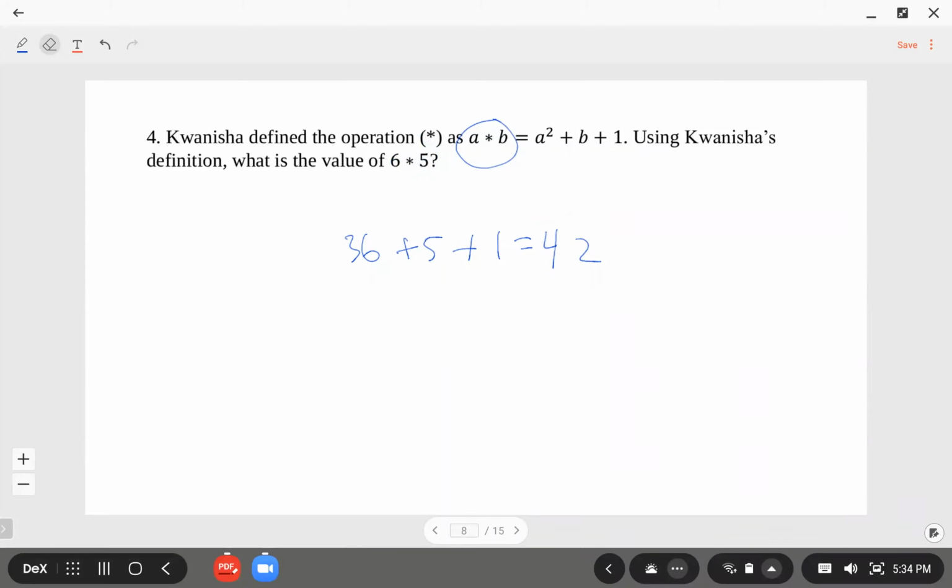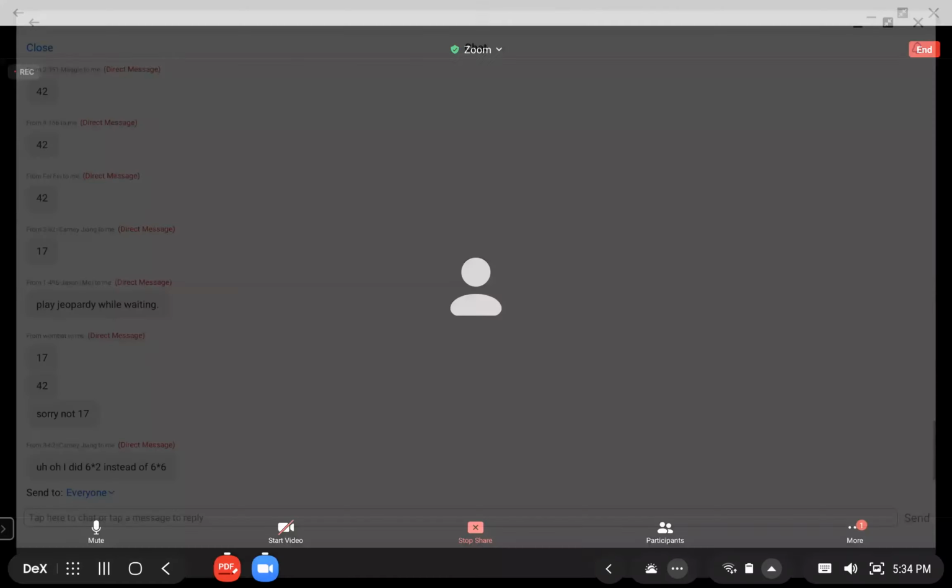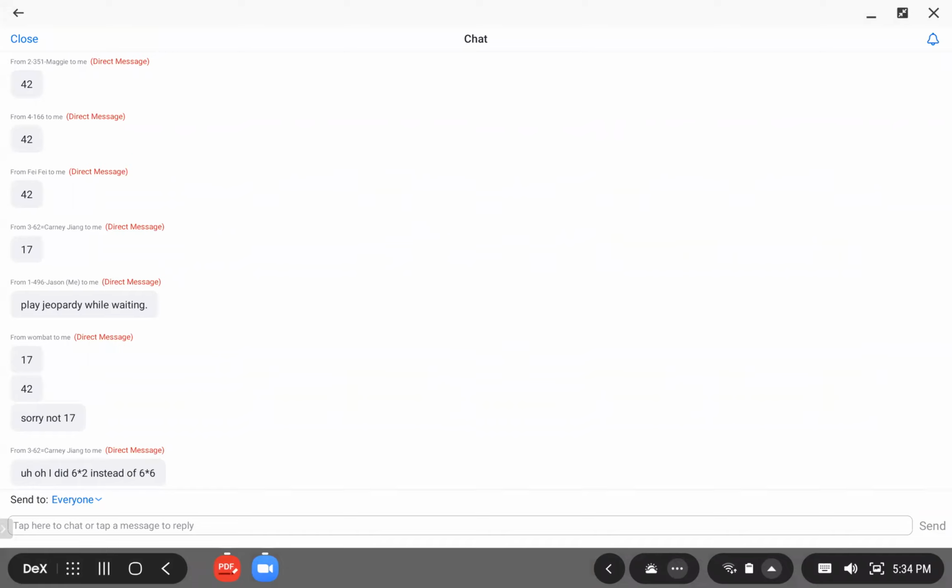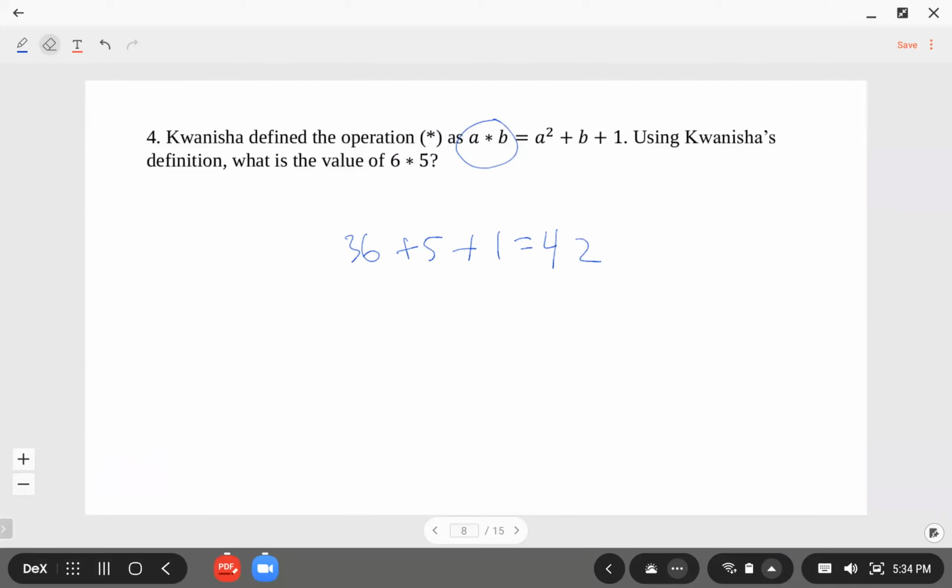Before we go to the fifth problem, are there any questions? Okay, one comment: 6 star 2. 6 star 2 is 36 plus 2 plus 1. That's 39.